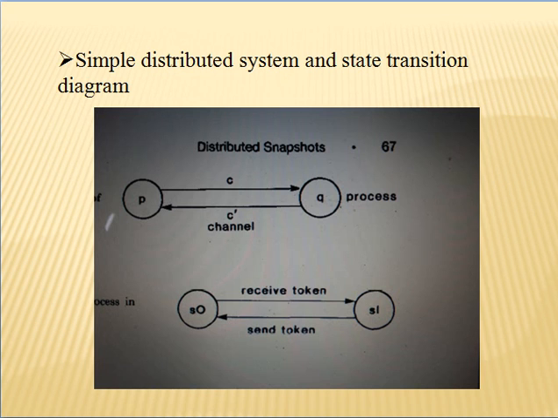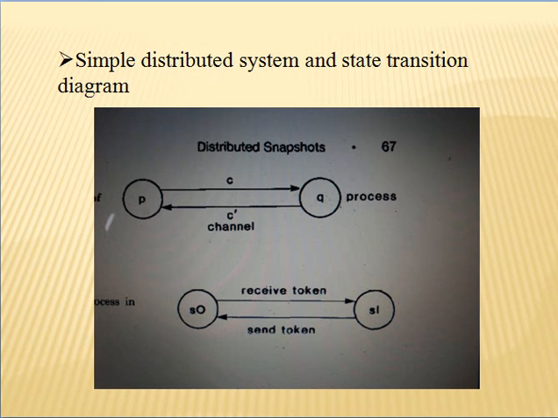This is again one simple example of a distributed system and state transition diagrams. Here there are two processes, P and Q. They communicate with the channels C and C dash.